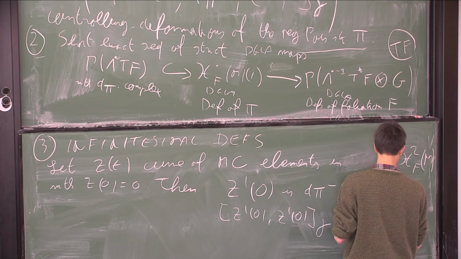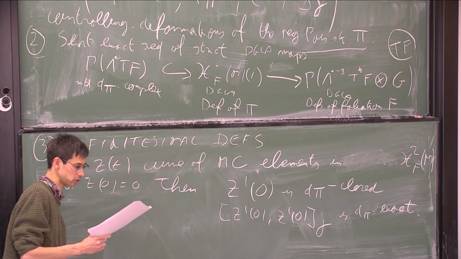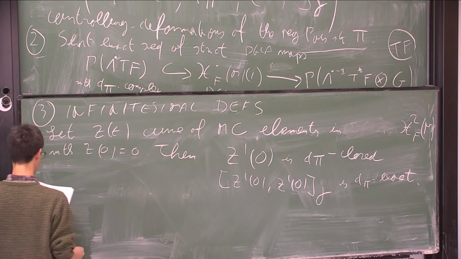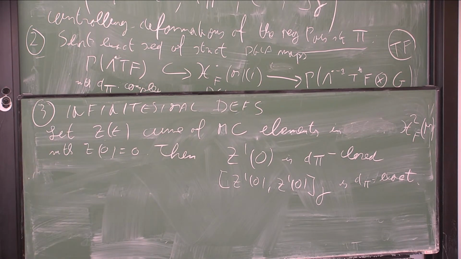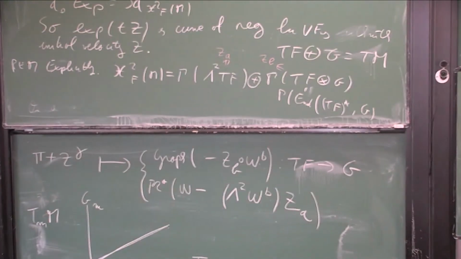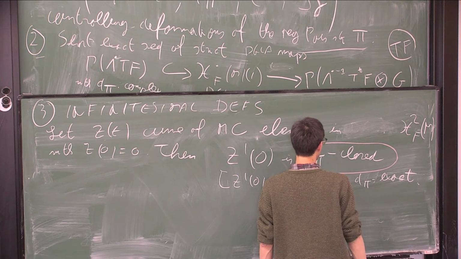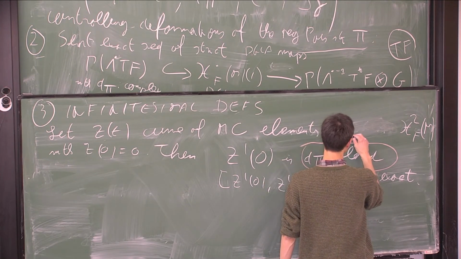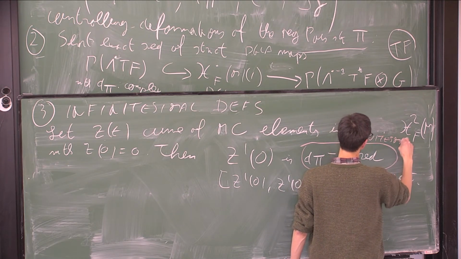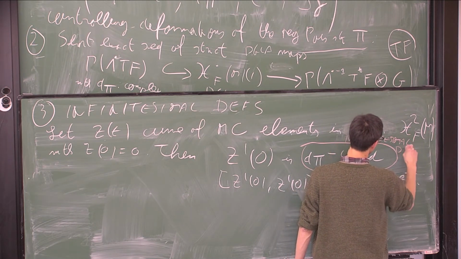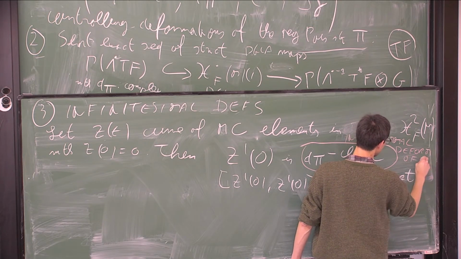These are facts that are used very often in deformation theory, and so, to save time, let me not write down the definition, but say that a bivector field that is closed is what I call an infinitesimal deformation of pi.